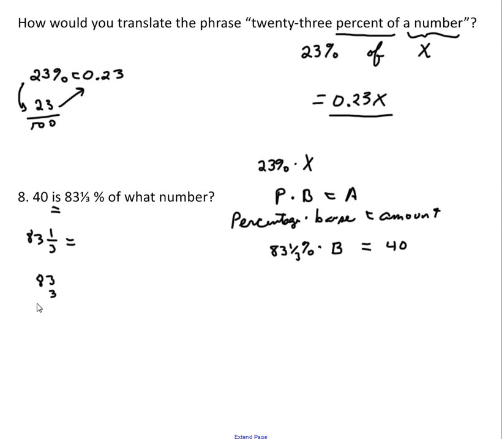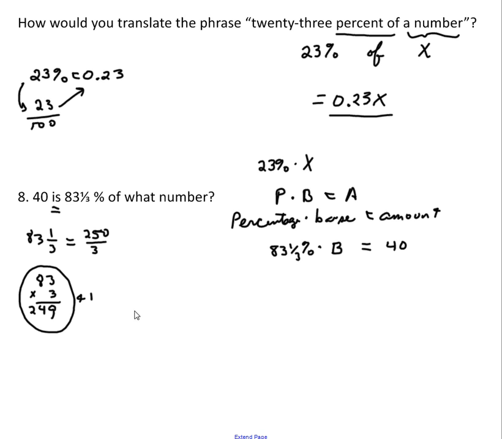And we know that 83 times 3, let's see, 3 times 3 is 9, 8 times 3 is 24, so 249. Then we're going to add 1 to that, which is the numerator right here, which gives us 250 over 3.